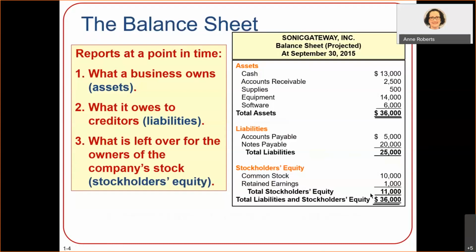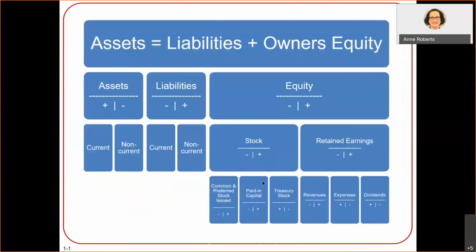Now, look at it from a different perspective. Here's the income statement. That rolls into the statement of retained earnings, which would include all three of these. We would start with beginning retained earnings plus net income minus dividends, which gets us ending retained earnings.